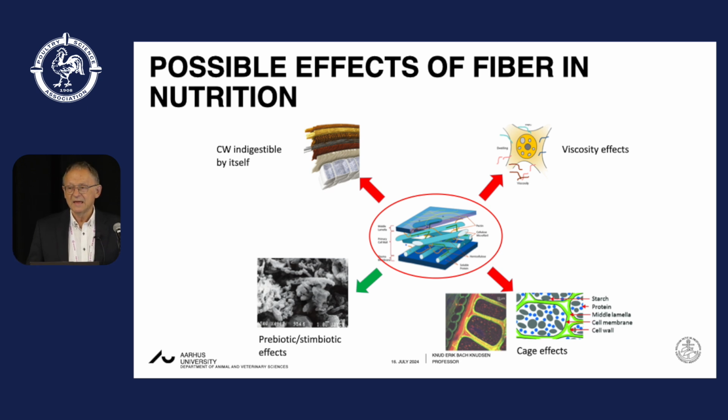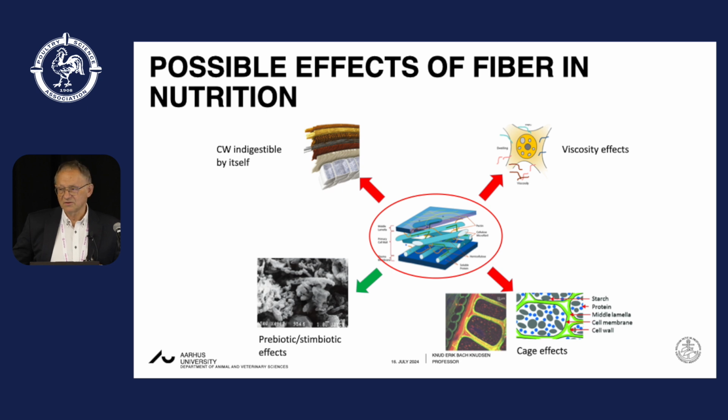Another effect of the fibers in the cell walls is that they can encapsulate potentially available nutrients. That is particularly known, for instance, from some cell layers present in cereals, for instance the aleurone cell layers, which are very rich in nutrients.